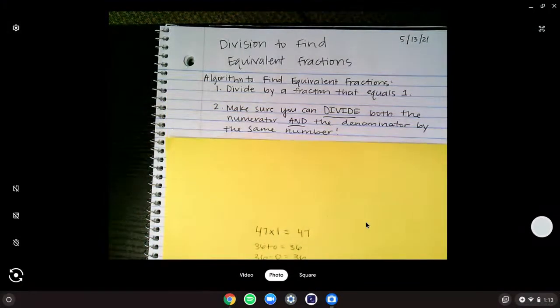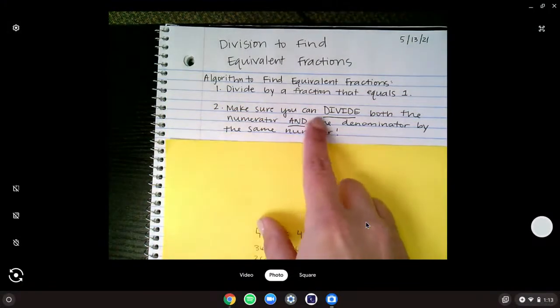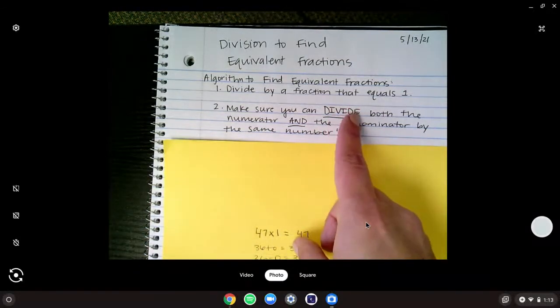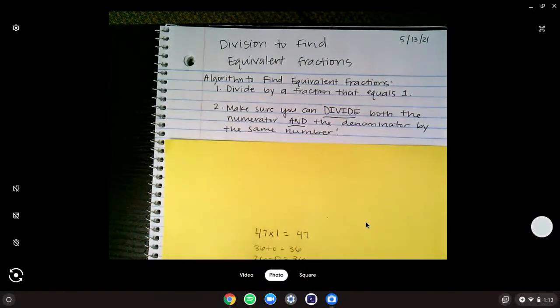Then, we need to make sure we can divide both. Remember, I was just saying it's really important. We want to divide both the numerator and the denominator by the same number. So like if we had 3 and 6, can I divide 6 by 2? 6 divided by 2, I can do that.